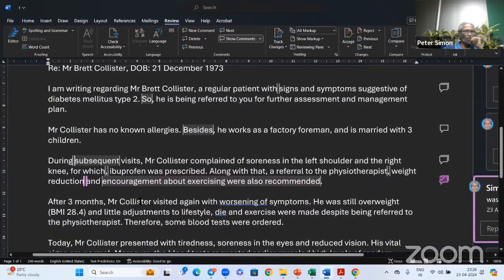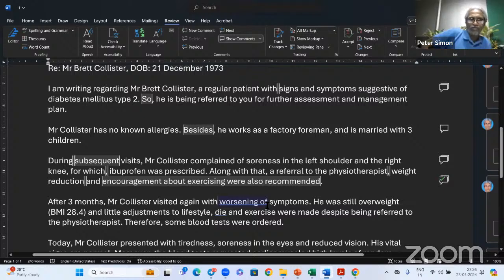And next, after 3 months, Mr. Collister visited again with the worsening of symptoms.